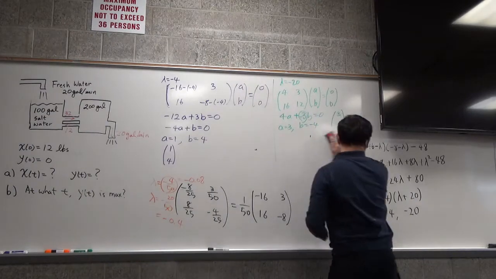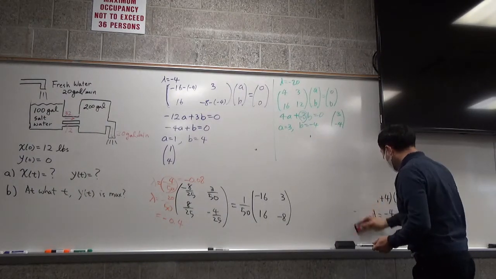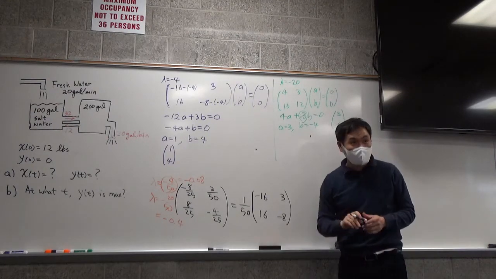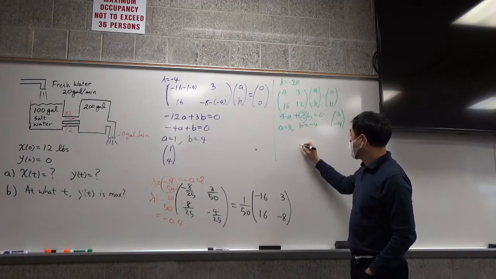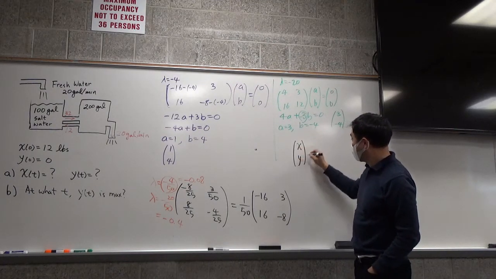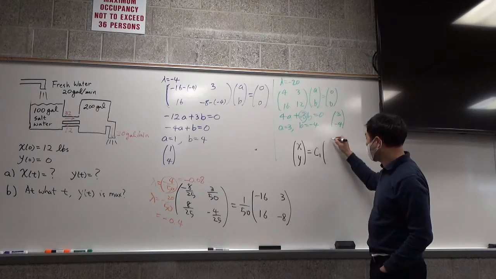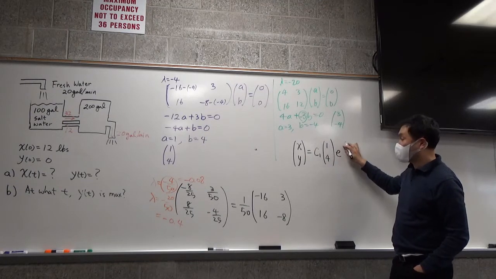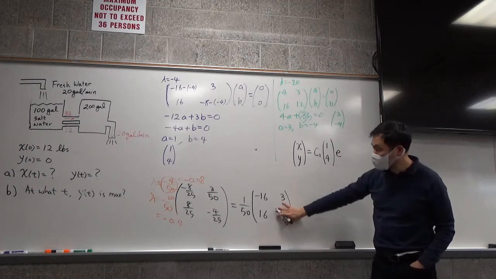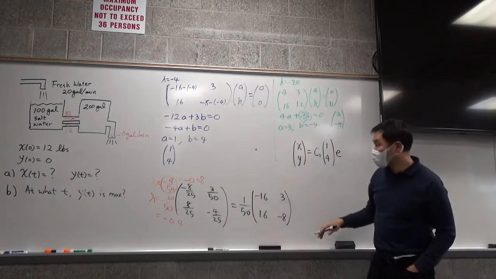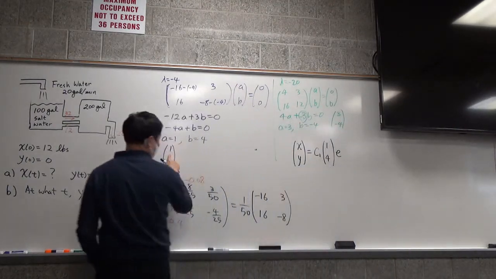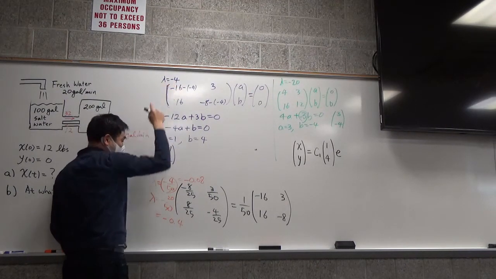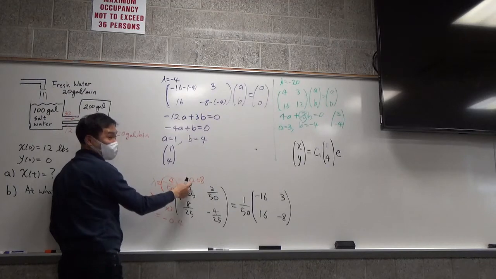All right. So now we can combine the eigenvector and eigenvalue to write down the general solution. x, y is equal to c1 times eigenvector 1, 4, times e to the eigenvalue, but remember we're using this one instead of this, right? If we were to use this one, we would have the same eigenvector, but the eigenvalue corresponding to it would be not negative 4, but negative 4 over 50, which is the same as negative 0.08.